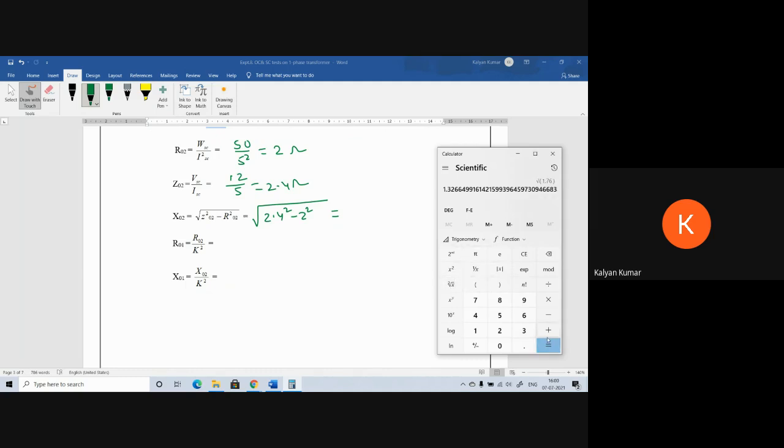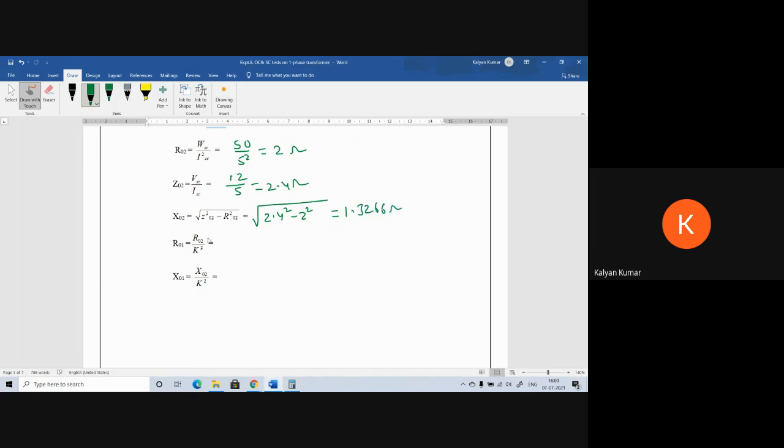Let's check once again: 2.4 square is 5.76 minus 4. Yes, 2 square is 4, so 1.76. Root of 1.76 is 1.3266.